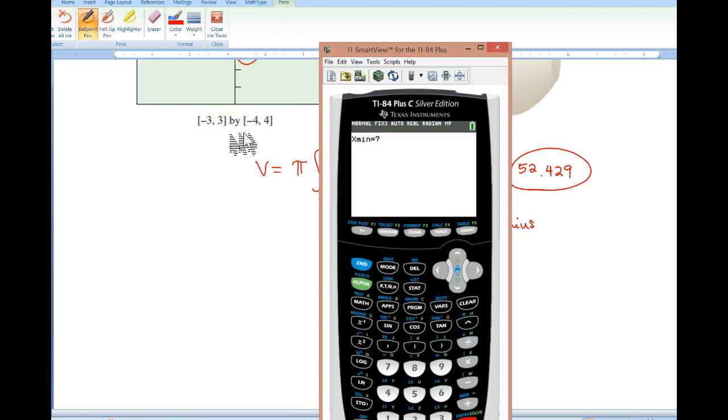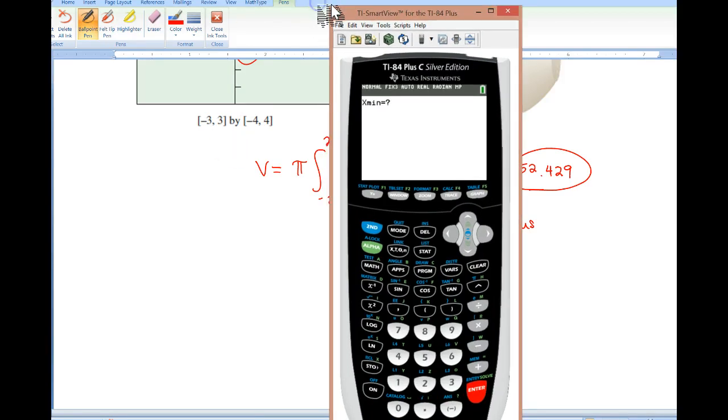My x min is negative 3. Don't press anything while you're in the program other than just typing in. So negative 3 to 3, and then negative 4 to 4. This is just the viewing window. After you're done, you just keep pressing enter.